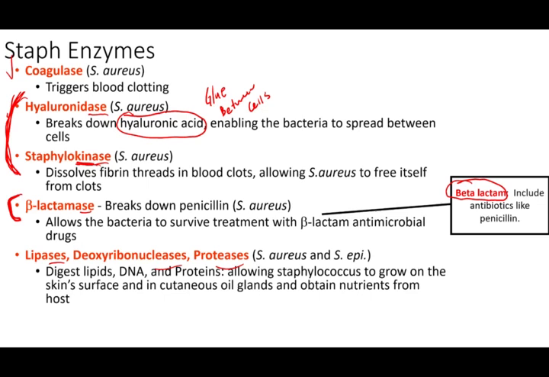But Staphylococcus aureus, most strains anyways, 90-something% of them have this enzyme called beta-lactamase that we know will destroy or break down penicillin. So not surprisingly, if someone has a staph infection, penicillin is not a good choice to treat, because most staph infections caused by Staph aureus are going to have this enzyme that just destroys penicillin.